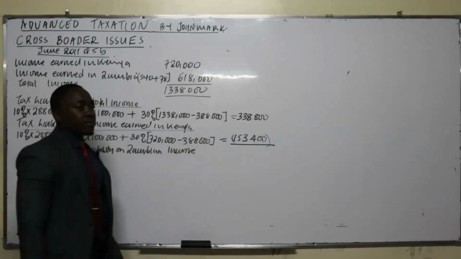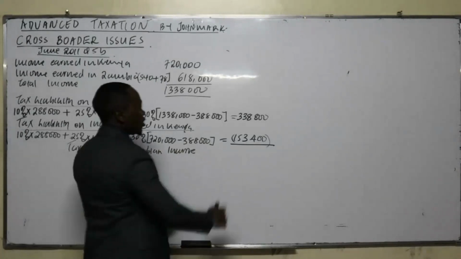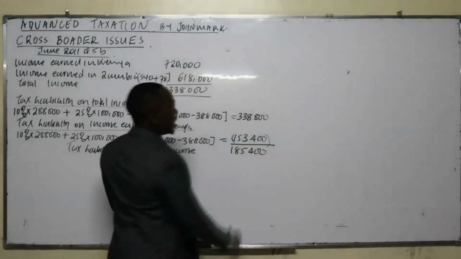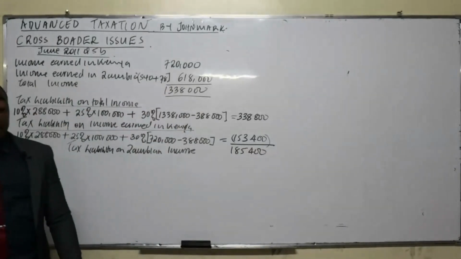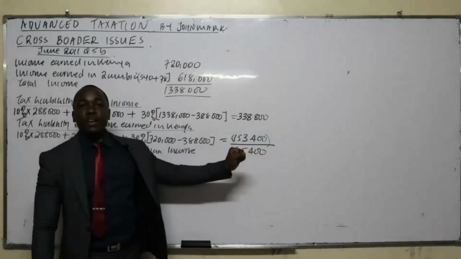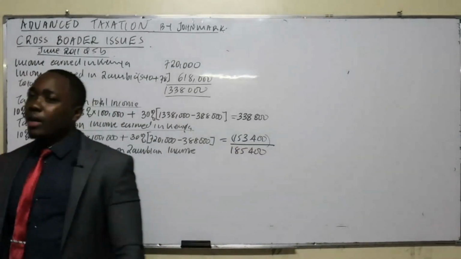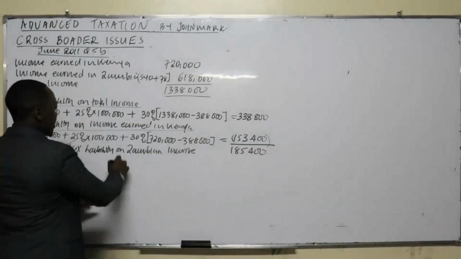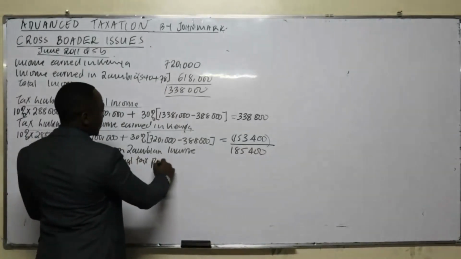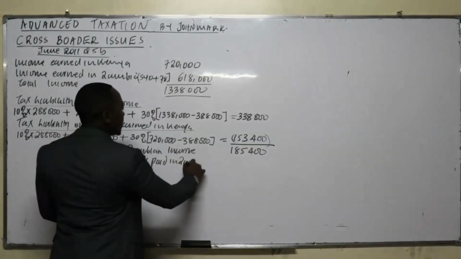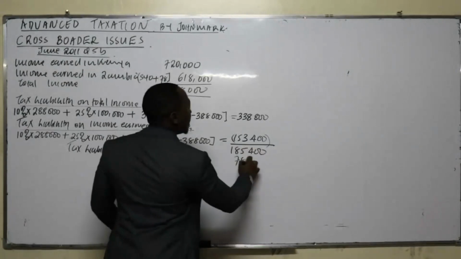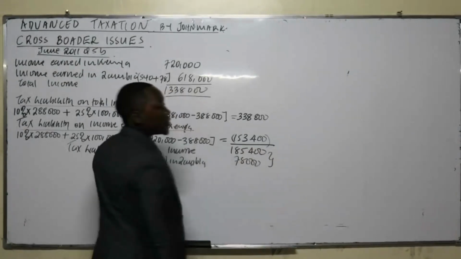How much is that? 185,400, right? So the tax on the foreign income will be 185,400. But how much had you paid in Zambia as tax? Good. Actual tax paid in Zambia, you had paid an amount of 78. Now, what was the question? Let's go to the required.